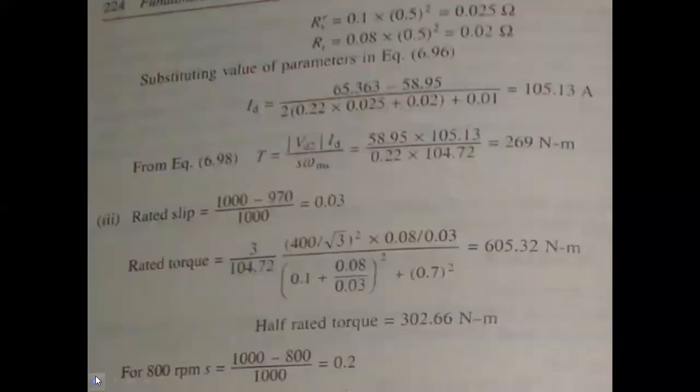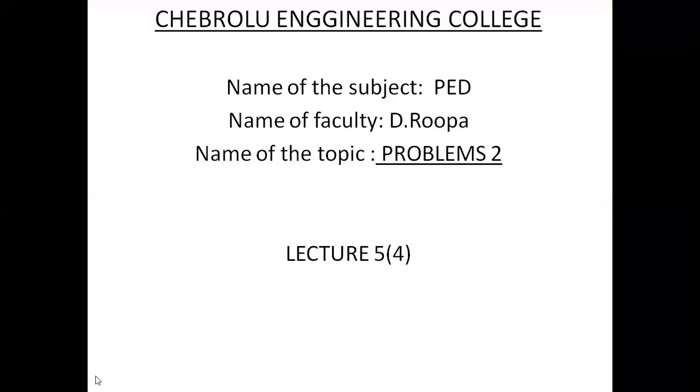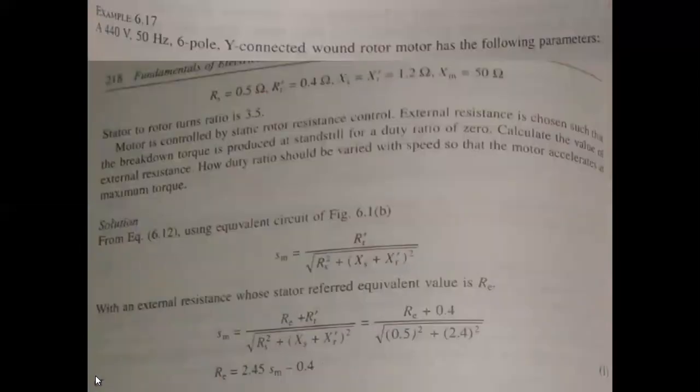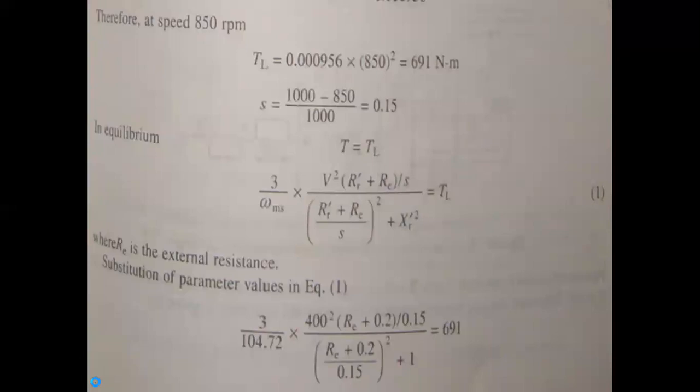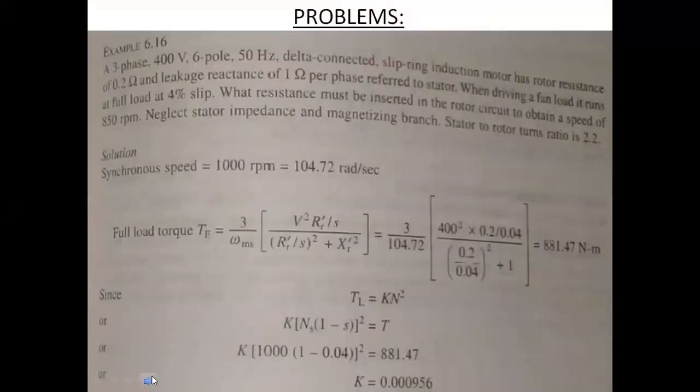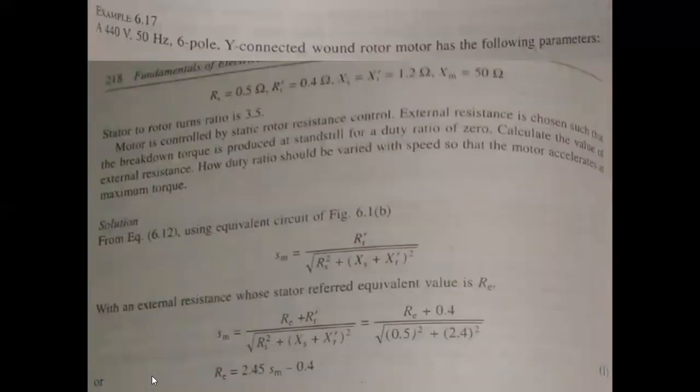First, we will see example 6.17. We will take the parameters from that. This is 6.17: a 440 volts, 50 Hz, 6 pole. The line voltage is 440 volts, frequency is 50 Hz, and it has 6 poles and is star connected.